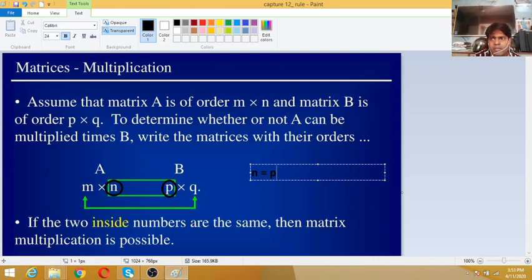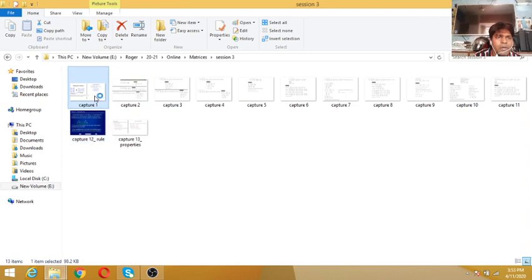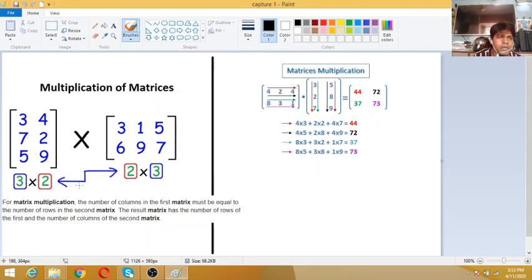Okay, let us see one example of the same, so it becomes clearer what I mean to say. Here you have an example. This matrix here is of the order 3 cross 2, and this matrix here is of the order 2 cross 3. You know why?